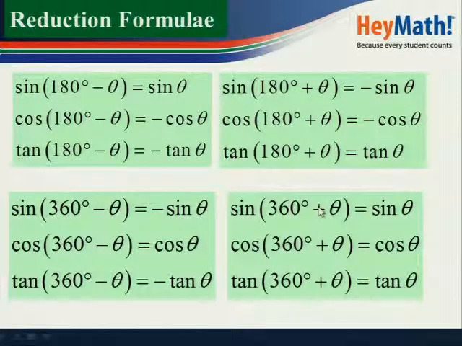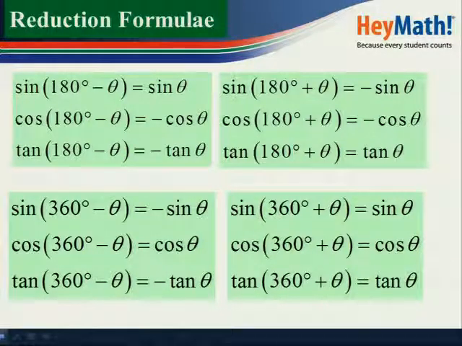360 degrees plus theta. Remember, a revolution is 360 degrees. So once you say 360 degrees plus theta, it means we are in the first quadrant. 360 degrees plus theta is a compound angle in the first quadrant.